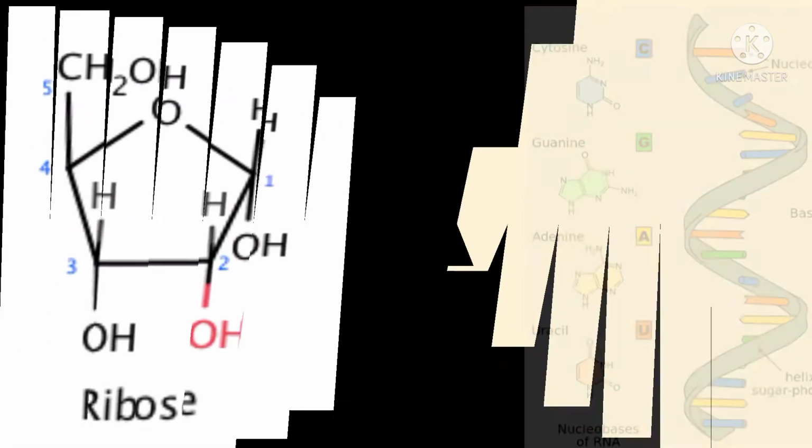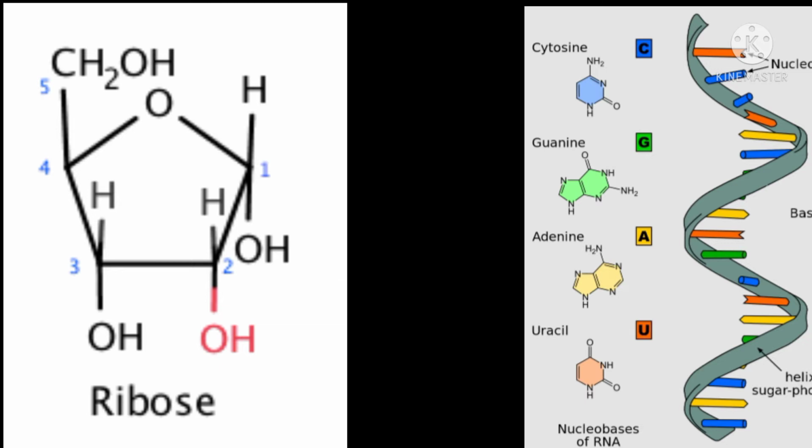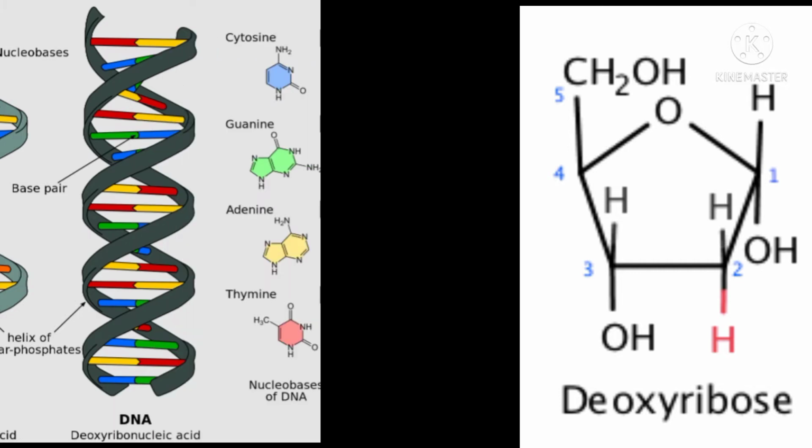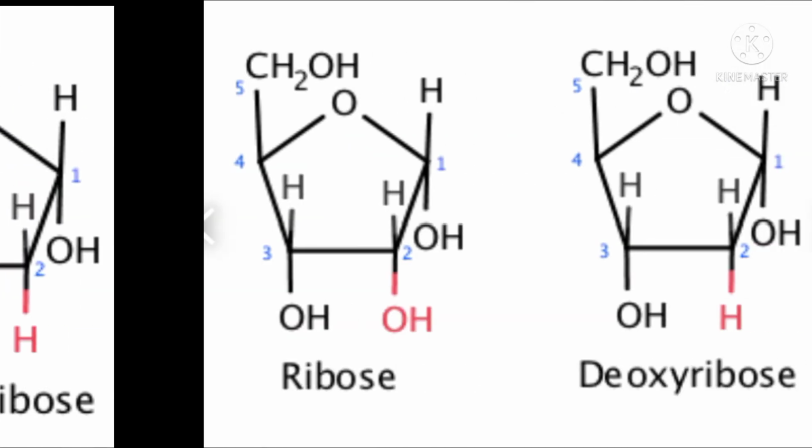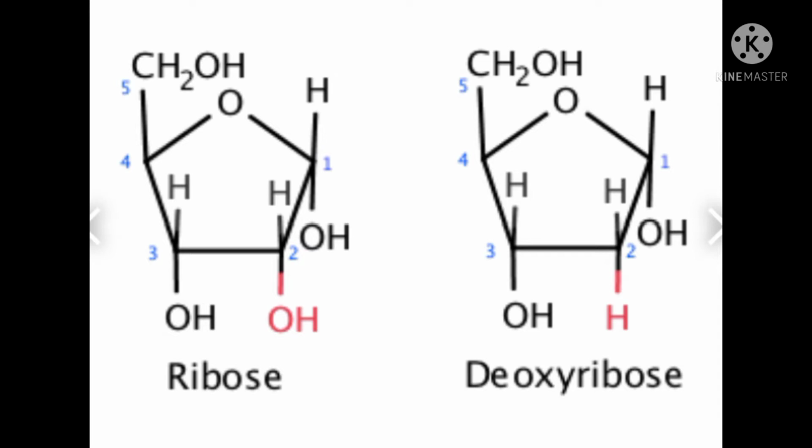The pentose sugar in RNA is ribose and the pentose sugar in DNA is deoxyribose. The pentose sugar in RNA has a hydroxyl functional group at 2' position and is called ribose, and hence the name ribonucleic acid.